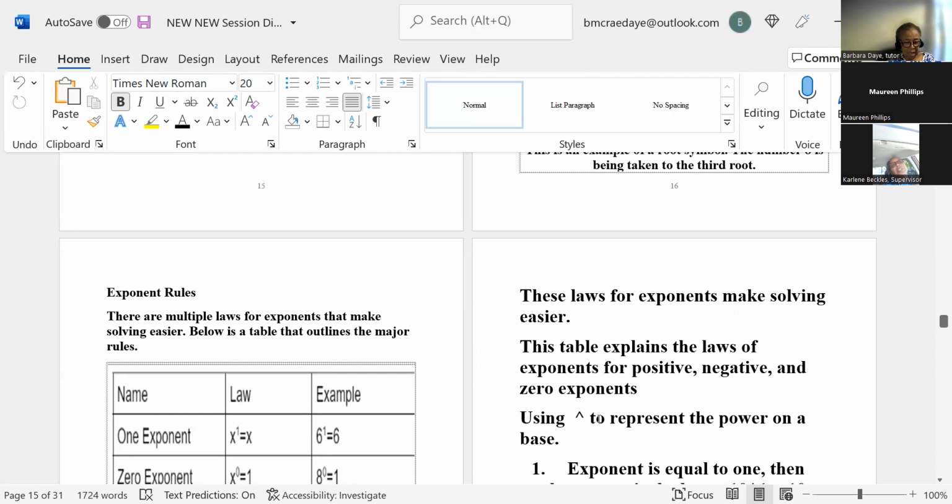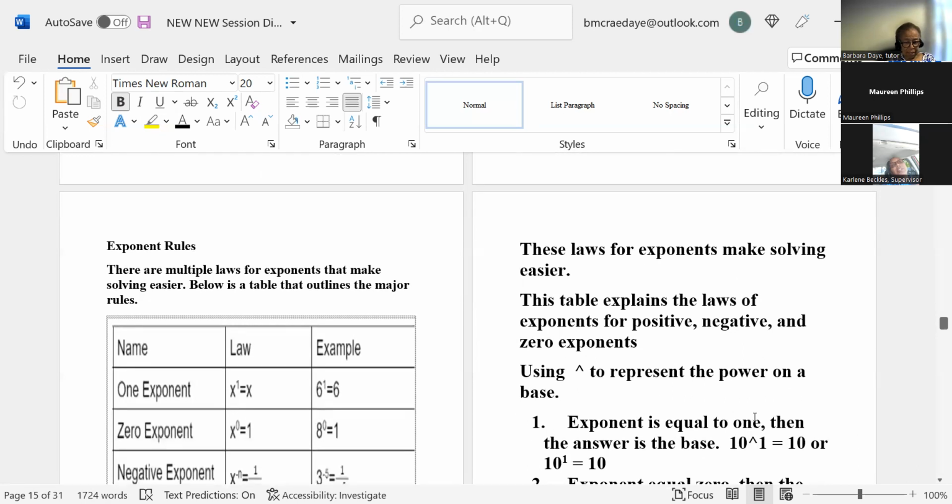I can use that, or I can just put the power. Like 10 caret 1, that's 10, or I can say 10 to the 1, same thing. So when you send me work, if you're having a problem putting in your powers, just put the little caret there. That's on your keyboard. All right.